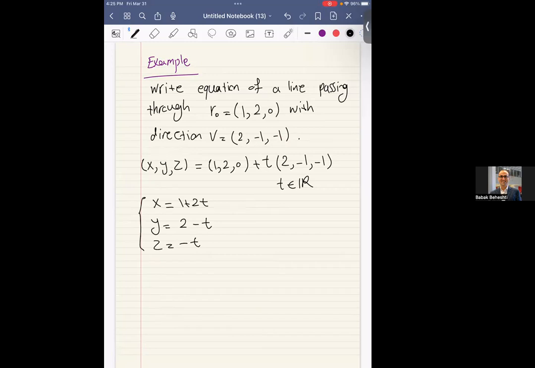Because if you look at the right-hand side of the vector equation, the x component is 1 plus 2t. The y component is 2 minus t. And the z component is 0 minus t.